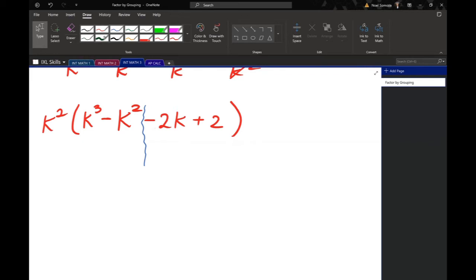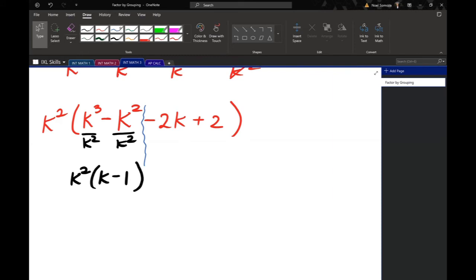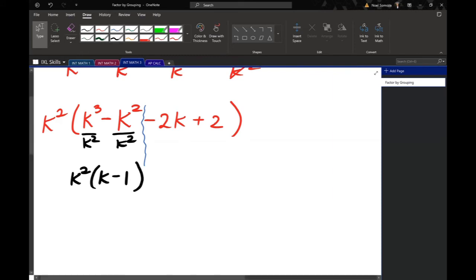Okay, so now I'm looking at this and I'm going to say, okay, k to the third minus k squared. Looks like they both have k squared in common again, right? So we're going to factor out a k squared from both of these terms. So we get k squared, and that will give us k minus 1. In addition to that, if I look at the second group, negative 2k plus 2, looks like the greatest common factor is 2.